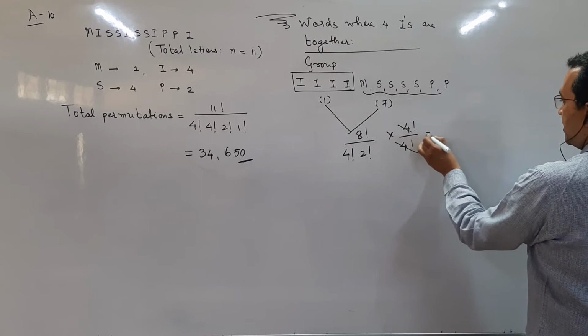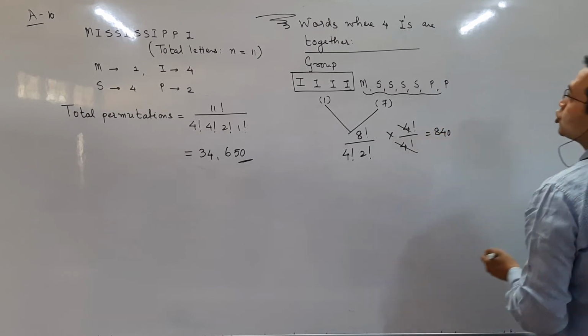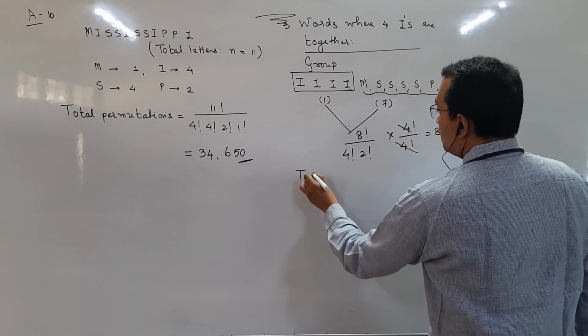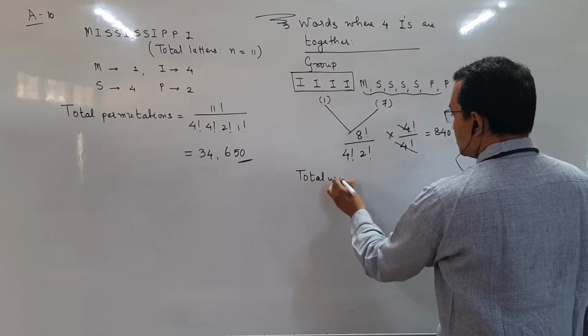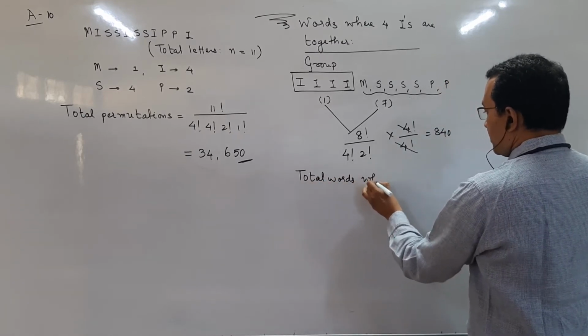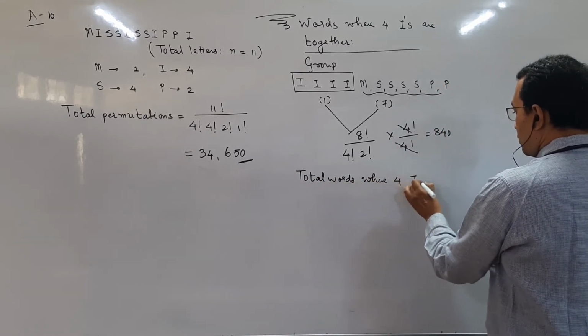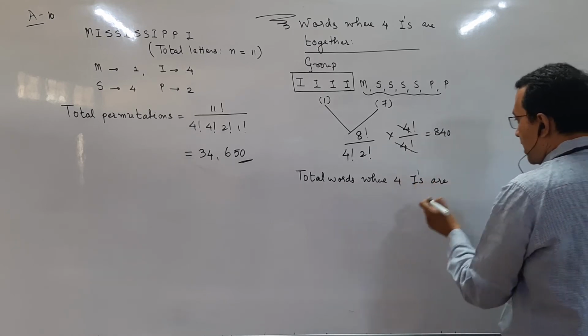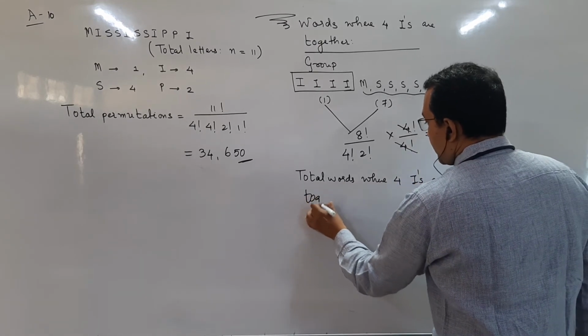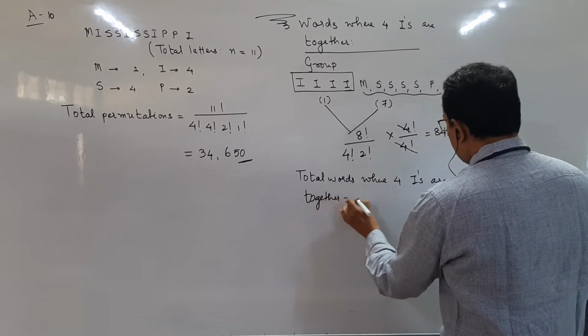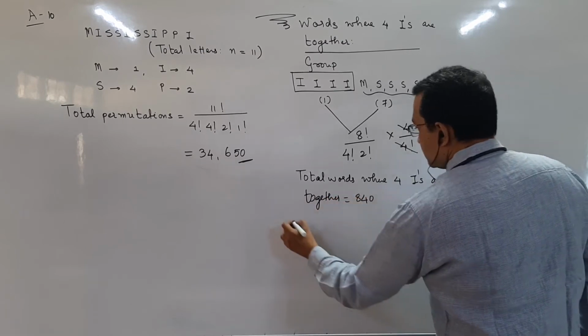Because this gets cancelled. So, total words where 4 I's are together is 840.